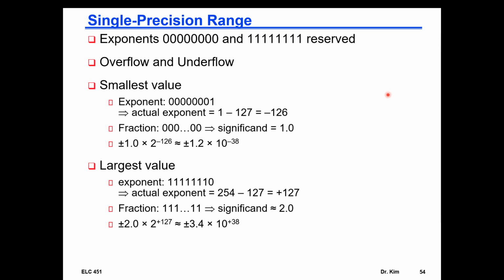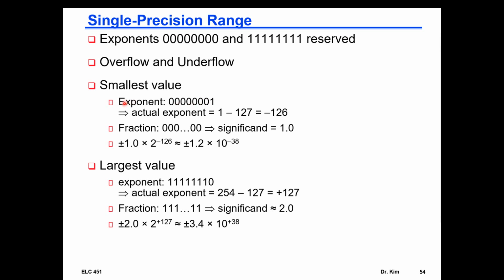And again, the hardware has to take care of at least detecting these conditions. So how does it work for the actual representation of the exponent?